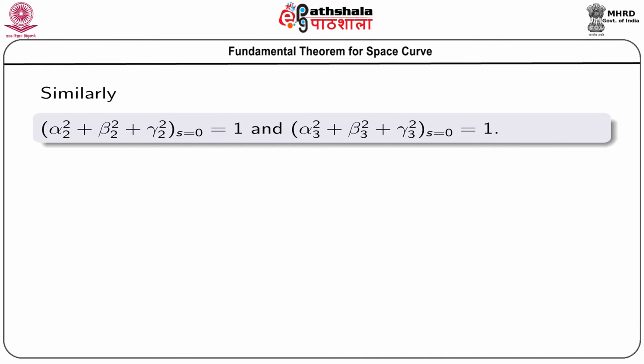Similarly, the other two relations follow, that alpha 2 squared + beta 2 squared + gamma 2 squared at s = 0 equals 1, and alpha 3 squared + beta 3 squared + gamma 3 squared at s = 0 is also equal to 1.